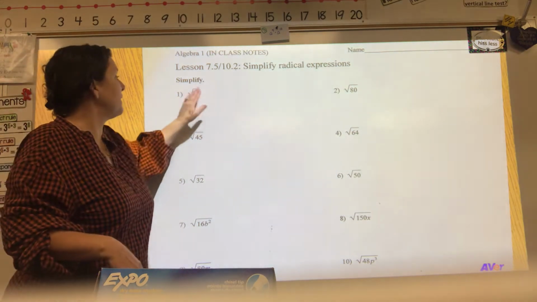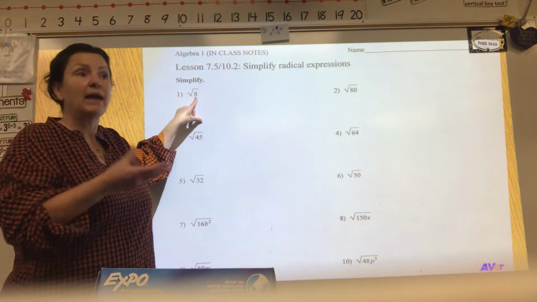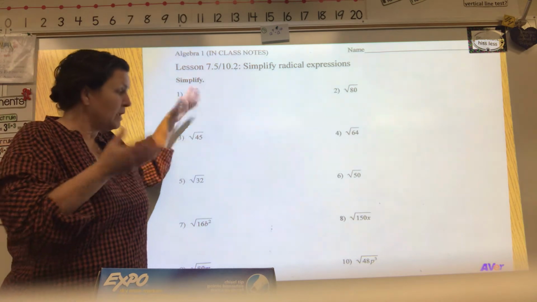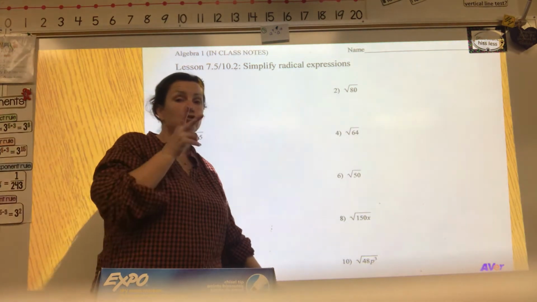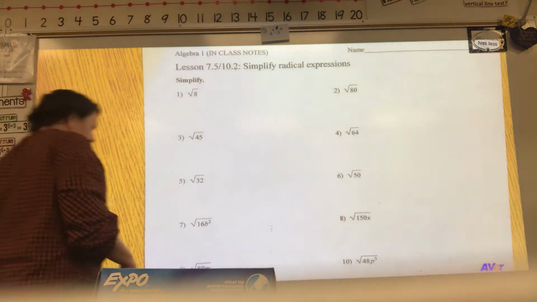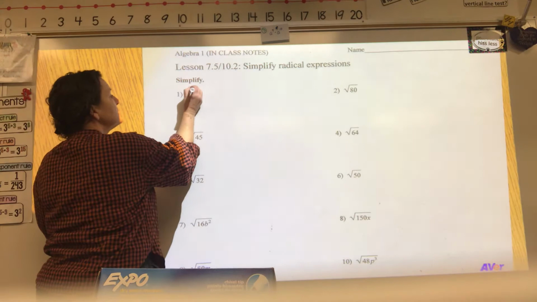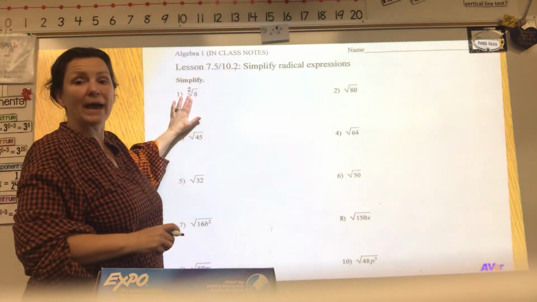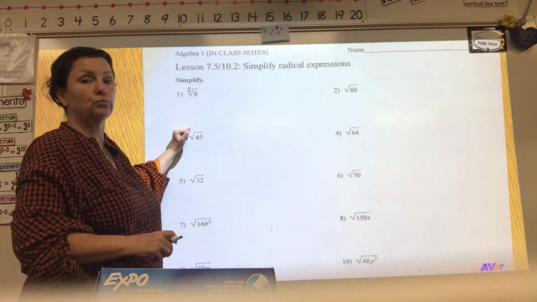And we simplify it by breaking it down using a factor tree and then looking for sets that we can take out. In our case, we're only looking for sets of 2. The reason is most radicals have an invisible 2 sitting right here that says, hey, anybody leaving this radical has to leave in sets of 2, okay?